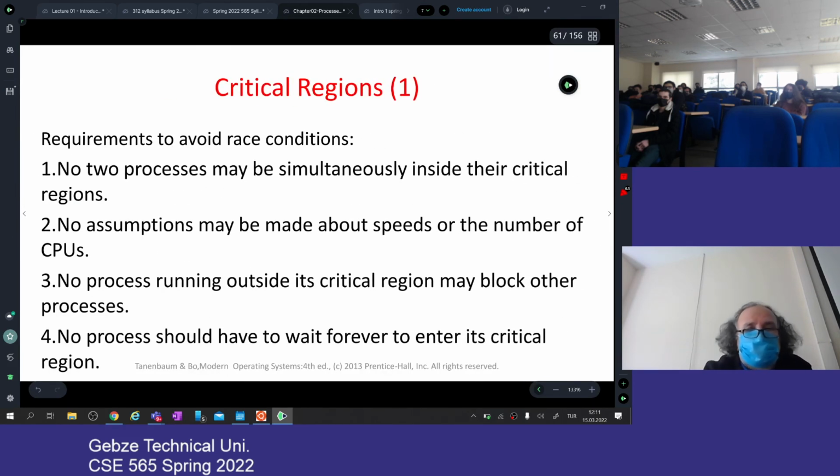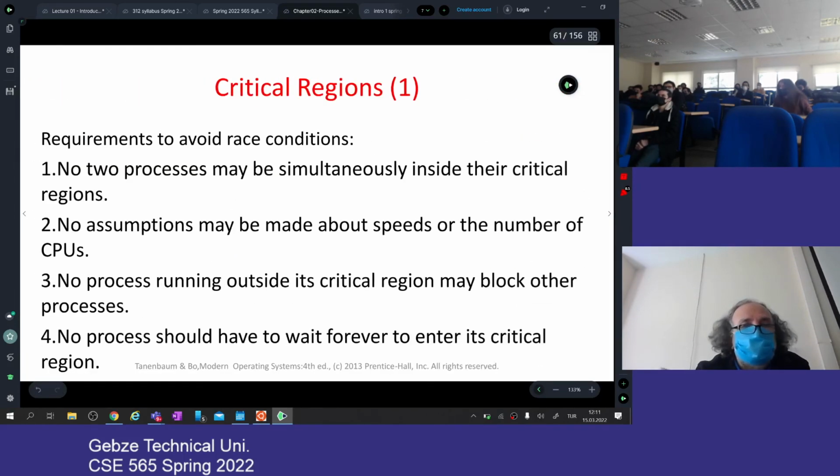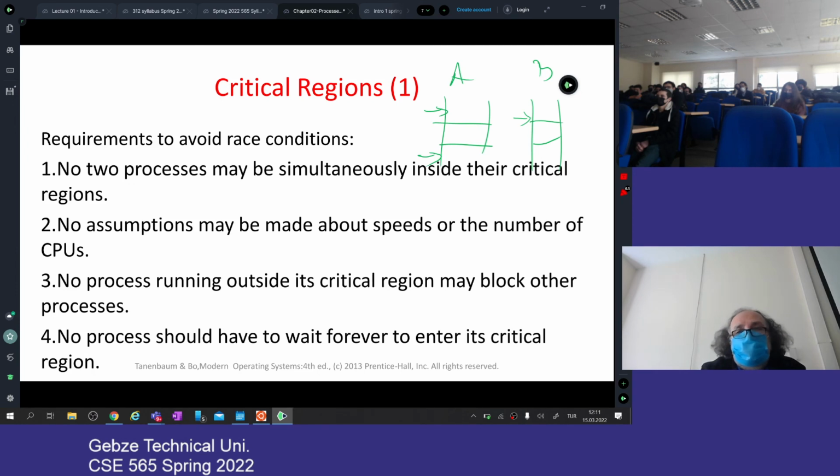So no such assumptions. Number three: no process running outside its critical region may block other processes. Let's say this is process A with its critical region, and this is process B with its critical region. If A is running outside its critical region, and B is here, you cannot make B wait in front of the critical region if A is not in the critical region.